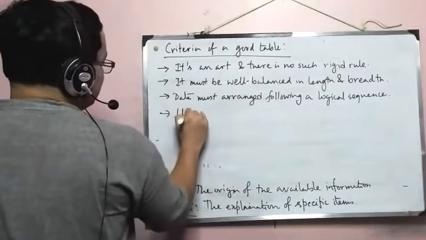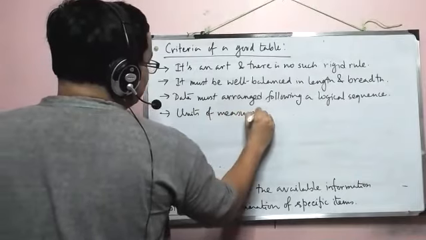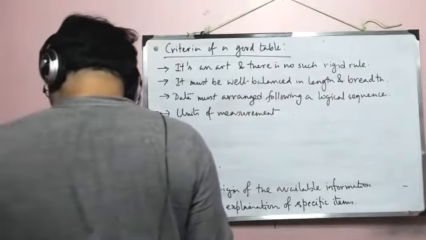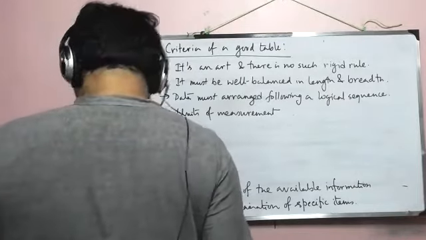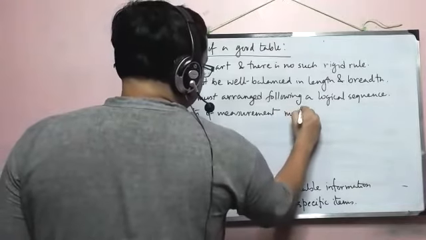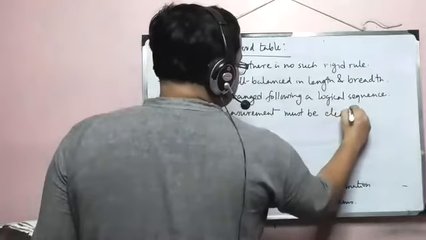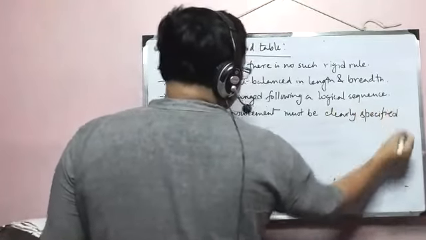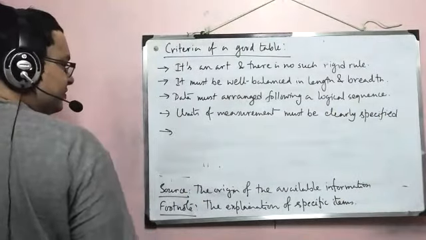Then comes units of measurement. This is something that almost people forget in most of cases. So units of measurement must be clearly specified. So at times what happens is you use acronym, but then you don't write anything in the footnote.